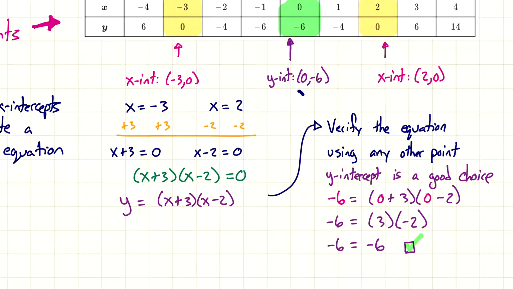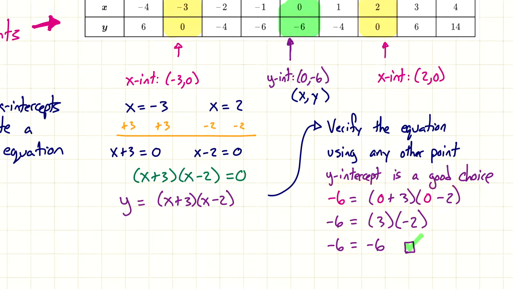In the y-intercept, this is our x and y. So x equals 0 and y equals negative 6. So I'm going to put in negative 6 for the y, and then every place where there was an x, I'm going to replace it with a 0.